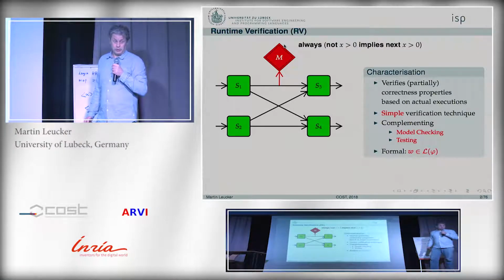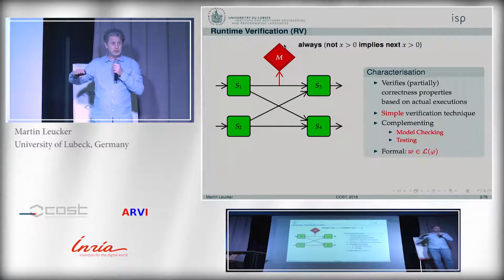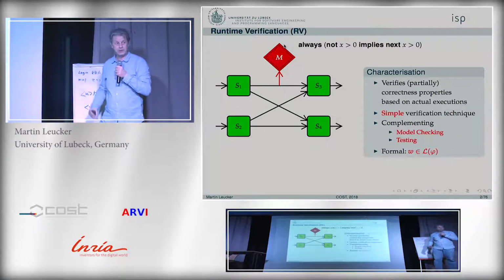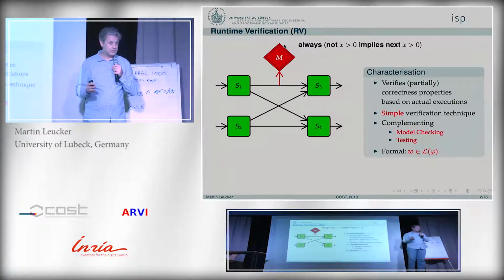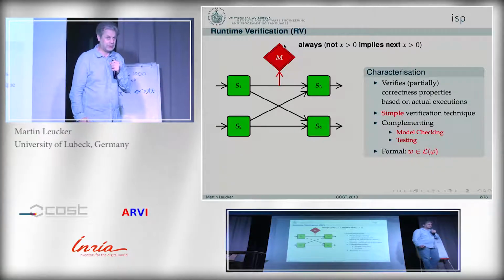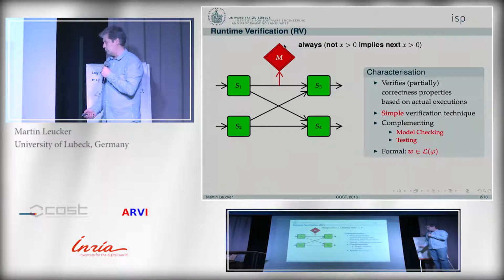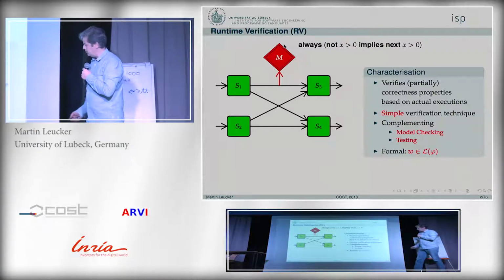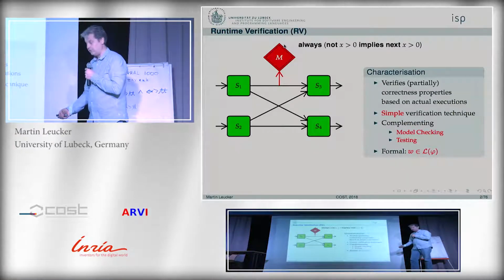Formally, we solve the word problem. So we have an execution. An execution is a linear sequence of something, let's say the events that the system emits, or we have access to the states of the system, so it's a sequence of assignments to variables, something like that. But formally, it's a word, right? And the question is, so we have a specification, let's say phi.